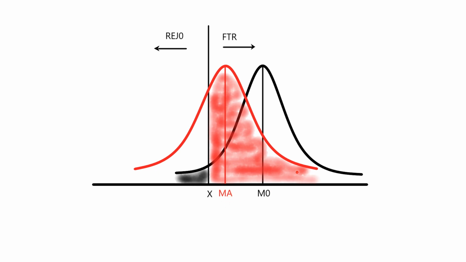So this shade of red, this area, is our beta, because it's X above this value, so it's in the fail to reject region, and we are working with the area under the curve of the red curve. So this is our beta.